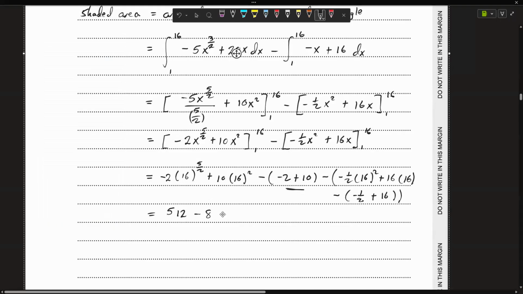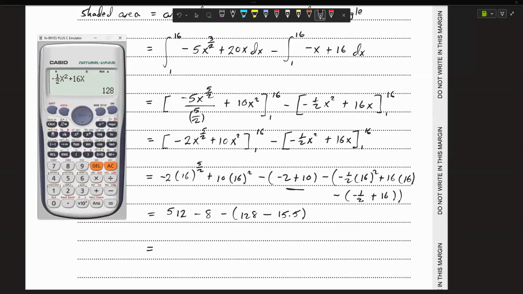So that's like minus 128. And substituting, that's going to be minus, substituting 1. That's just minus a half plus 16. And minus a half plus 16 is like 15.5, right? So 15.5.